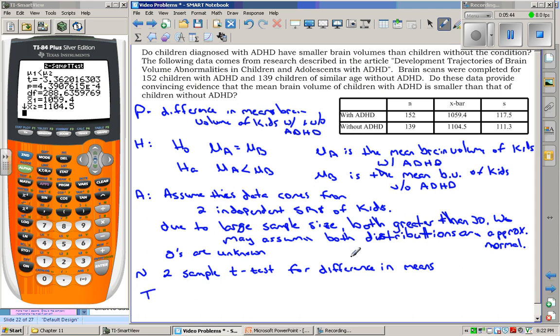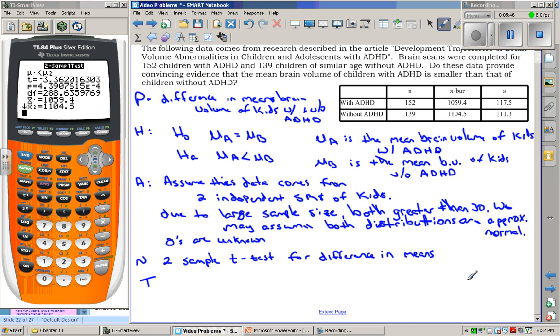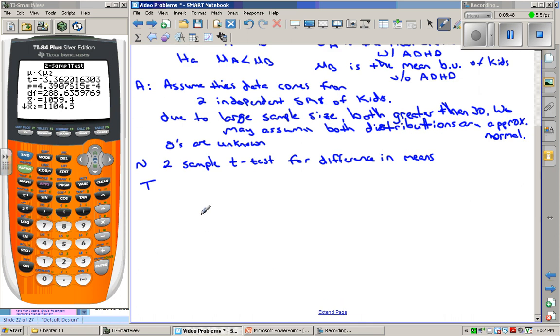Alright, t. The formula for t in this case is going to be t equals. Now we have to put in our numbers we had up above. So the rule is it's x bar 1, so 1059.4 minus 1104.5.